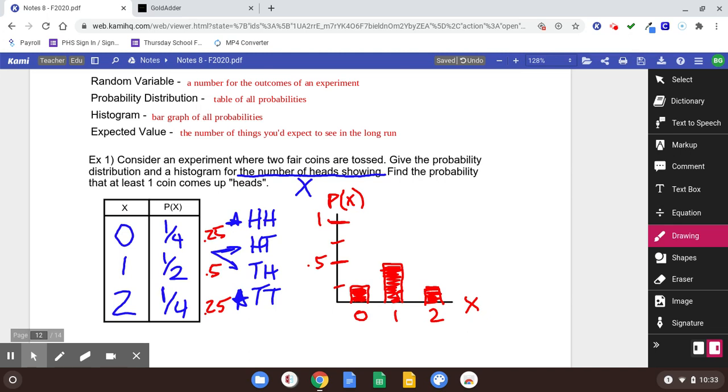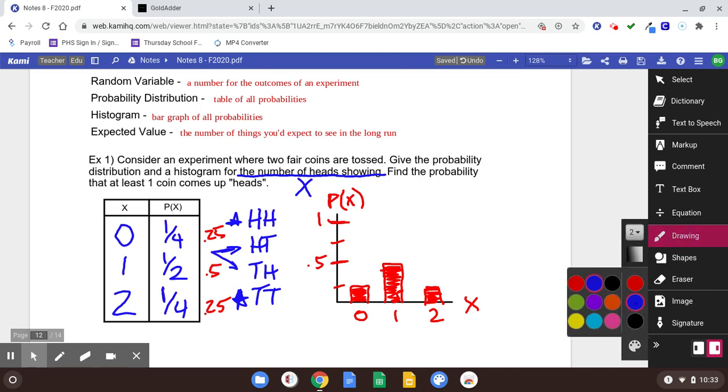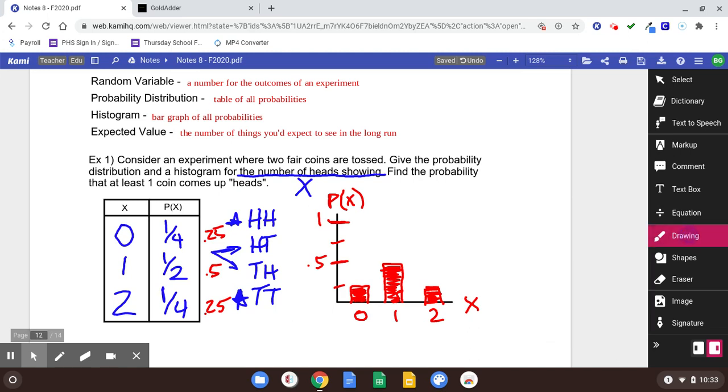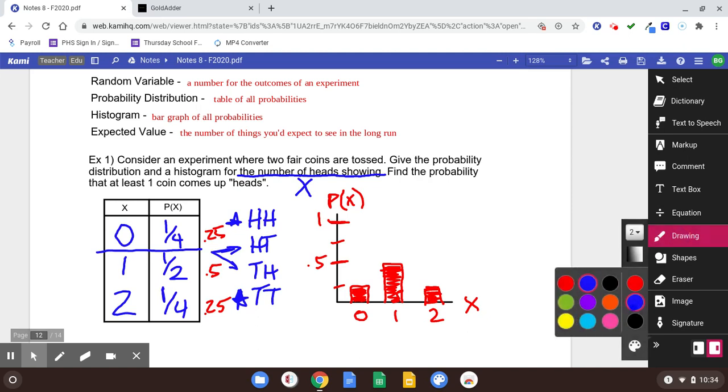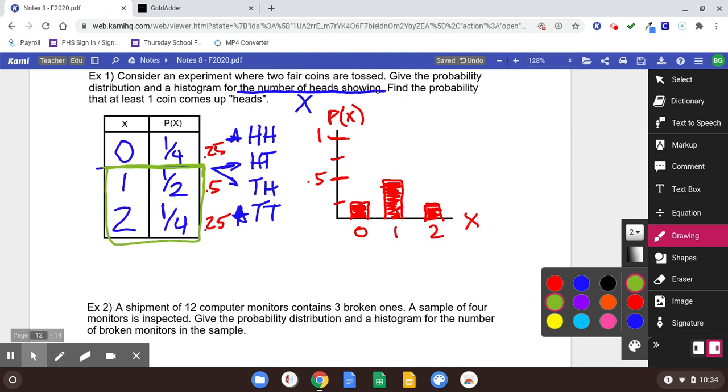So then the last part of this says find the probability that at least one heads comes up. So at least one means 1 or 2, right? So the probability is going to be 1/2 plus 1/4.